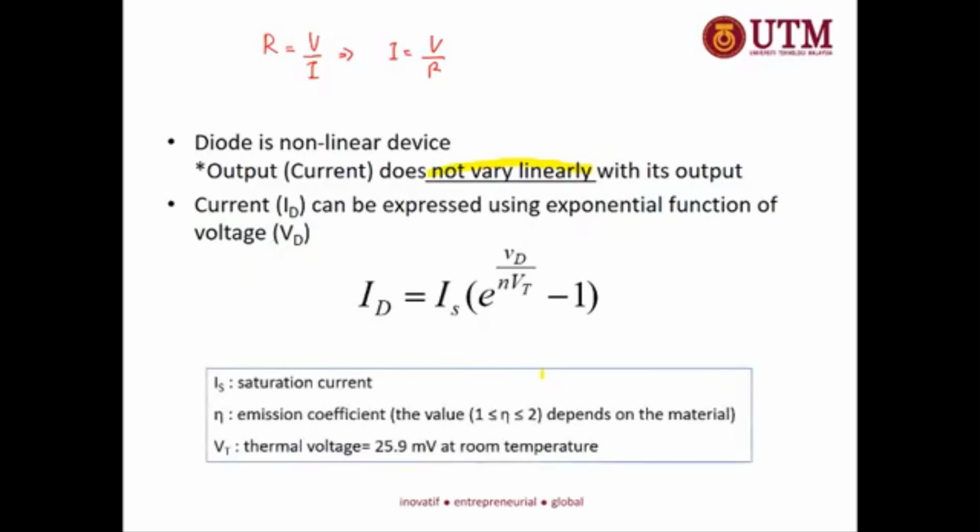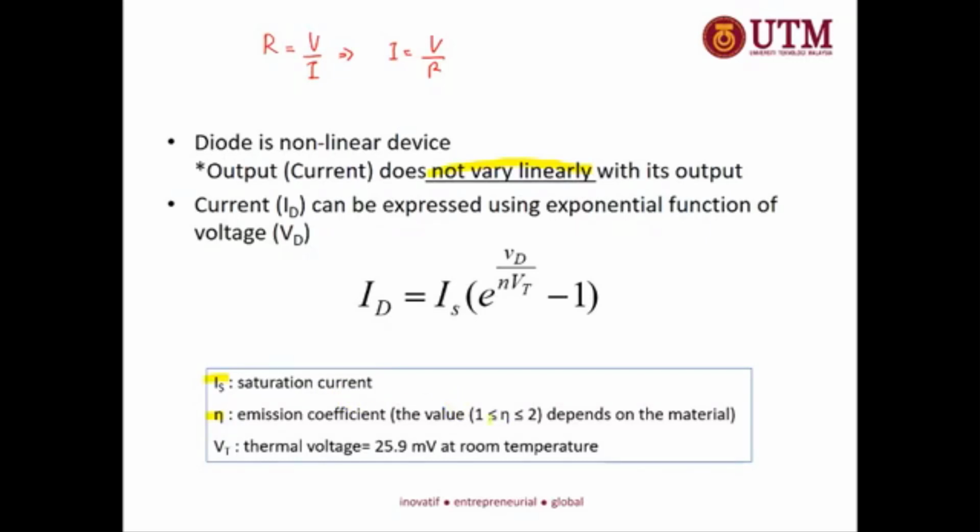We have IS. What is IS? IS is the saturation current. This is a fixed value, and typically it is very low, around femtoampere. Then we have N, the emission coefficient.